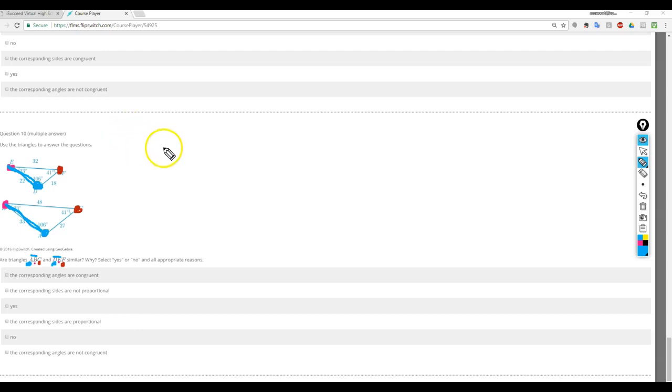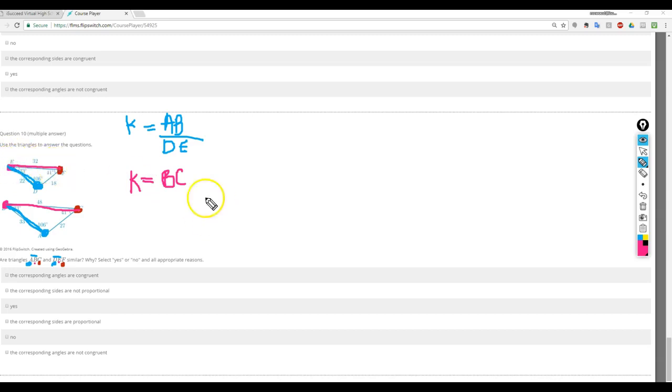So AB's scale factor, the scale factor for our corresponding sides, we would compare AB to DE. The next one is going to be the side connecting our second vertex to our third vertex, which is BC. And its corresponding side is also going to be connecting the second vertex to the third vertex.